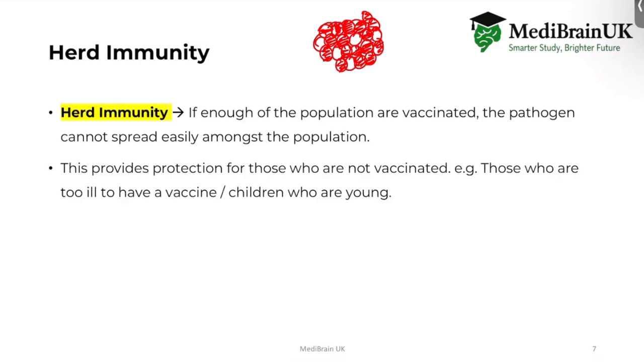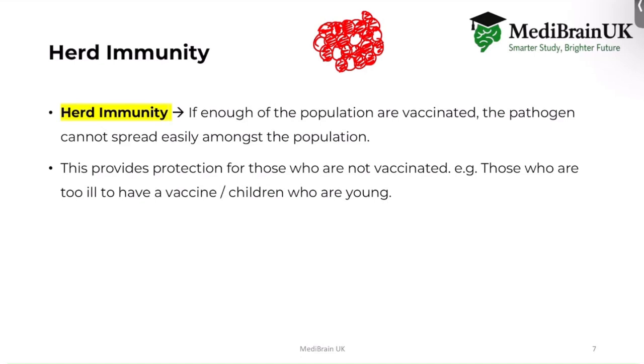And the purpose of herd immunity is to provide protection for those who are not vaccinated. So some people will have objections against vaccination. Some people won't want to get vaccinated against certain diseases. And for those people, if the majority of the population is vaccinated, then they will also be protected, because that means that the pathogen can't move easily amongst the population.